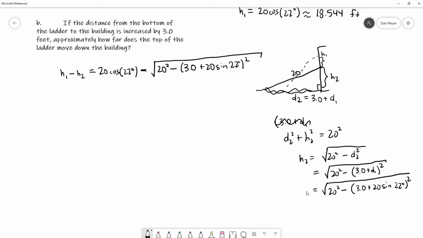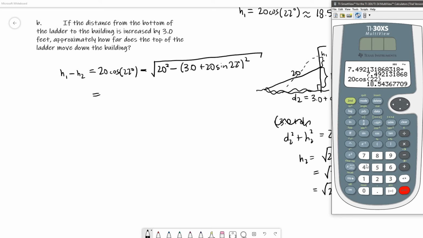And so now we just have to do one thing on the calculator. 20 cosine of 22 minus the square root of 20 squared minus parentheses 3 plus 20 sine 22 in parentheses squared in parentheses.